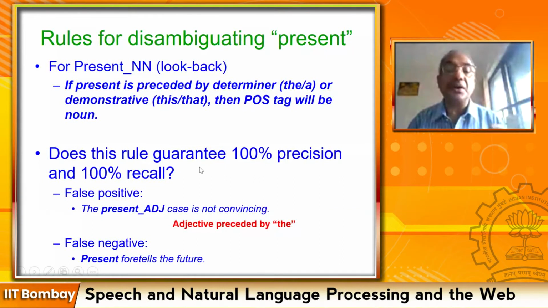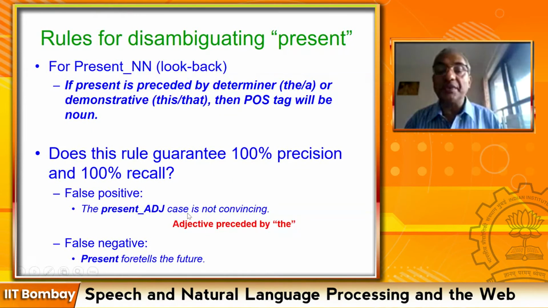Its precision and recall are not 100%, because you can have false positives in this form: the present case is not convincing. You see, the present here is preceded by a determiner as the rule prescribes, but present is not a noun here. It is an adjective. That is because present is qualifying case, which is coming after present.